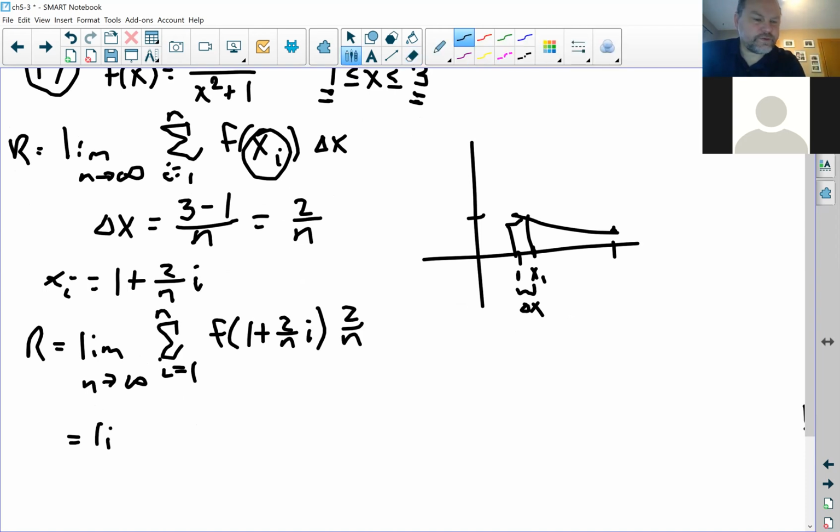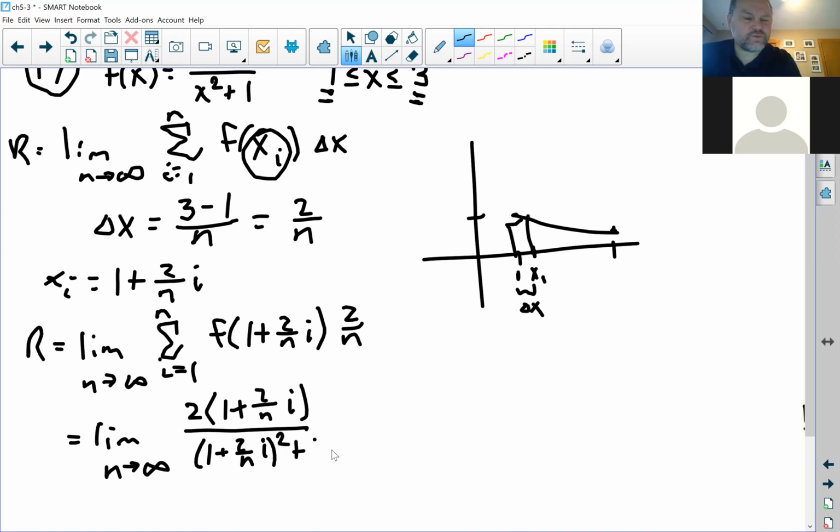So it's still the limit as n approaches infinity of 2 times 1 plus 2 over n times i, over 1 plus 2 over n times i squared plus 1. There's my function. And that whole thing is multiplied by 2 over n. And I would just leave it like that.